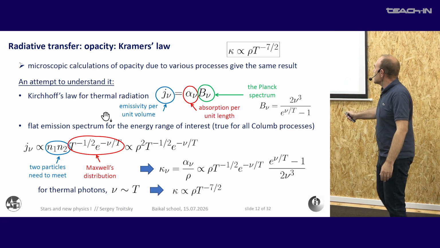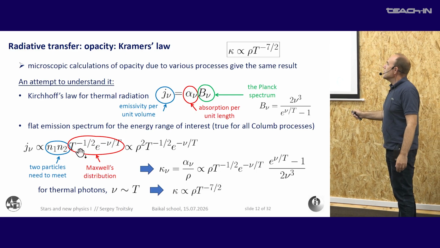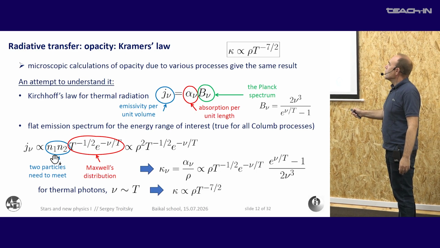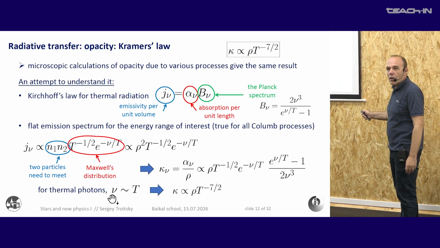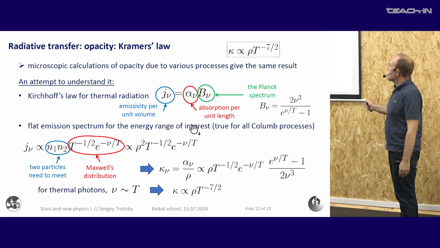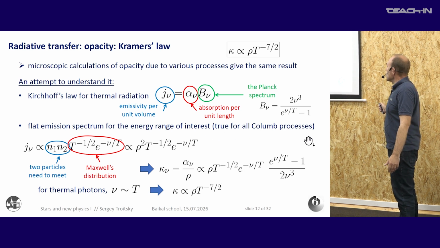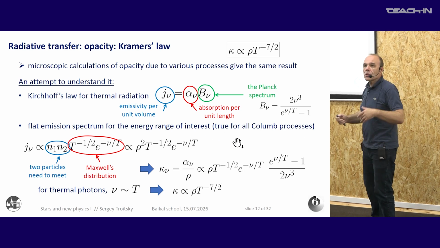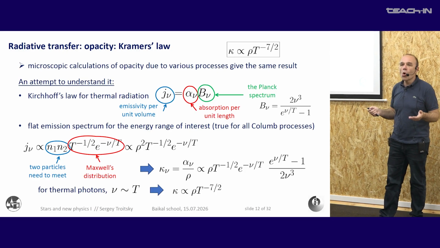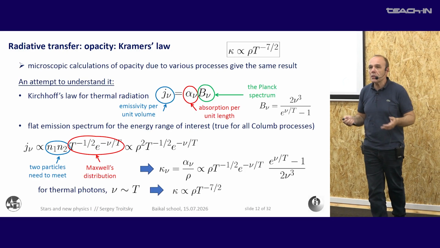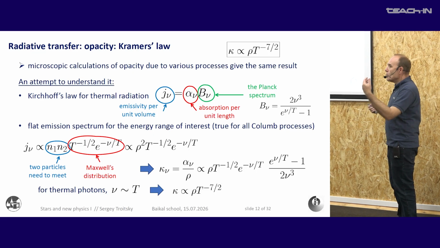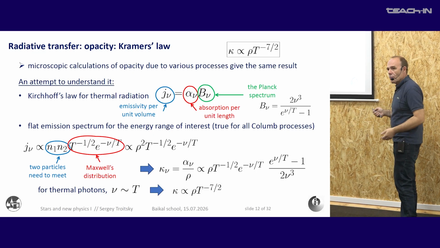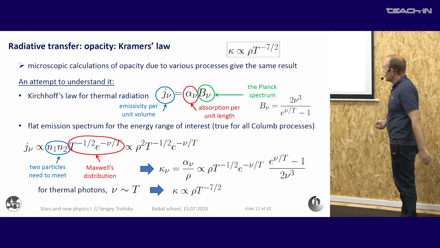And the second assumption is that this cross-section is roughly constant and does not depend on energy in the entire energy range of interest. This is true for processes which are most important in stars. They are based on Coulomb scattering, so-called free-free, bound-free, Bremsstrahlung, and so on.